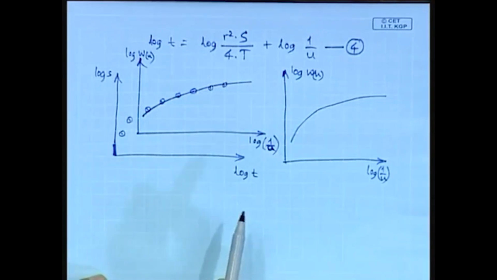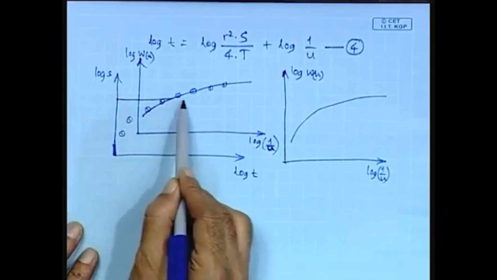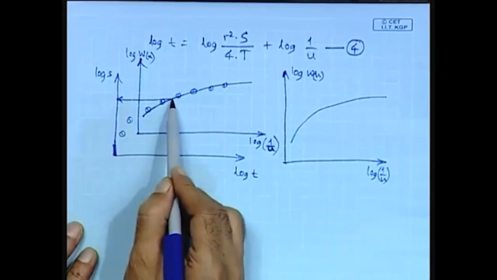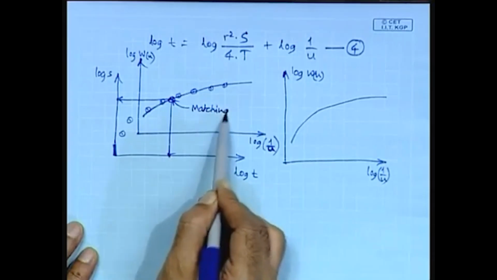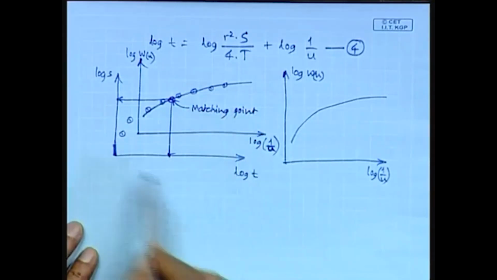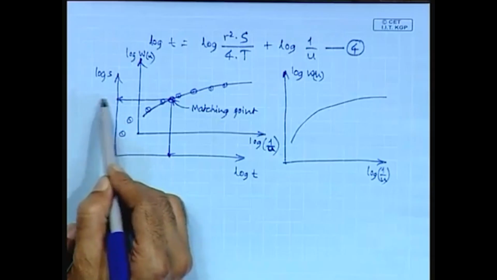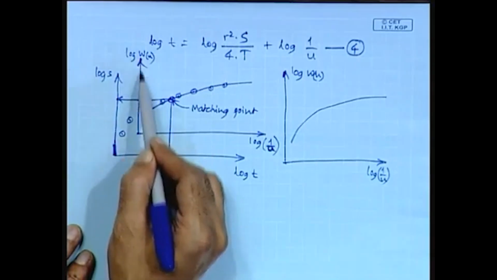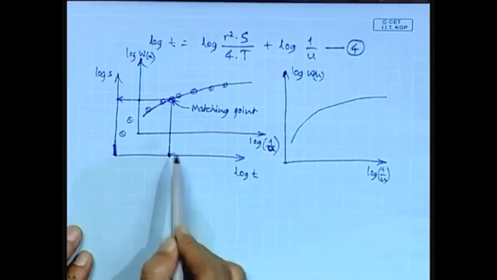This is done by trial and error, and then corresponding to any matching point on the curve, say suppose this is the matching point, we have the log s value along the log s axis, the log of W value along the log of W axis, and then log of 1 by u, and log of t.